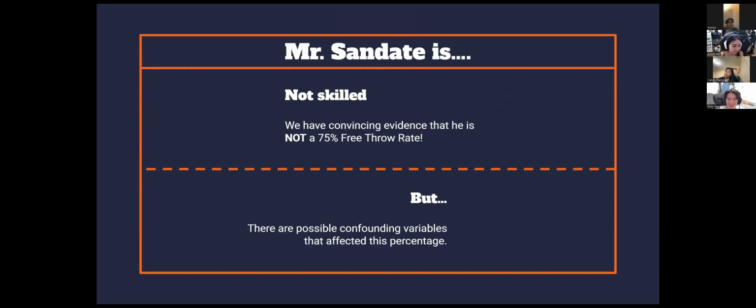Unfortunately, Mr. Sandate is, yes, not a 75% free throw shooter, but even though we found convincing evidence of that, there were other variables that could have affected this.